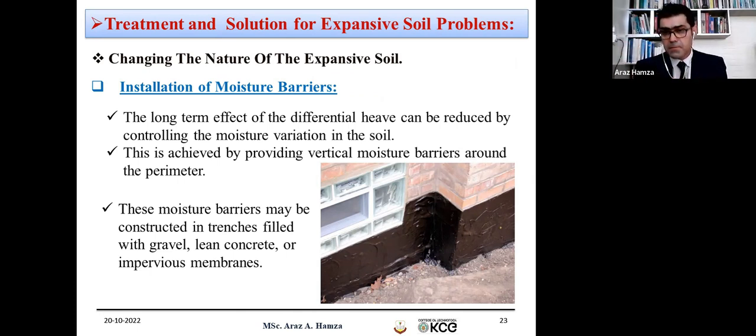If you install an impervious material that does not allow the water to pass through it, you can isolate your foundation and keep a stable water content beneath the foundation, and it will be okay because there is no water change or water variation in the soil.